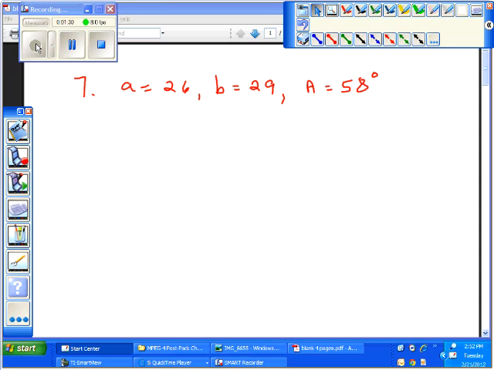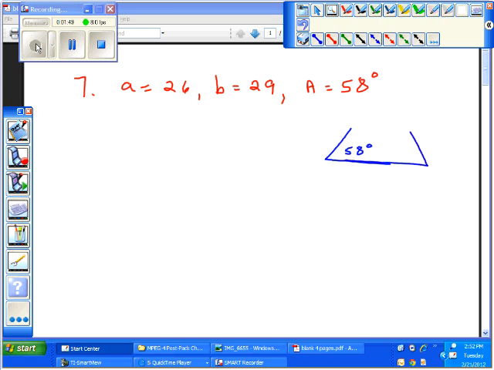So what we're going to do here is think, okay, I've got little a and little b, and I've got angle A. And so I know that angle A is 58 degrees. Now, I really don't know if this triangle is acute, right, or obtuse.